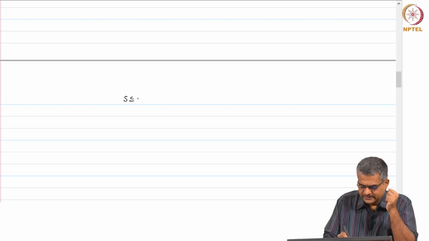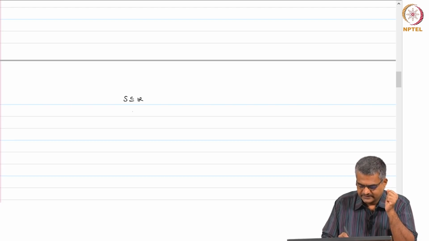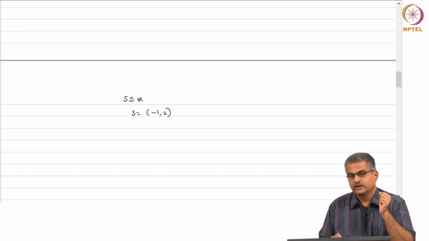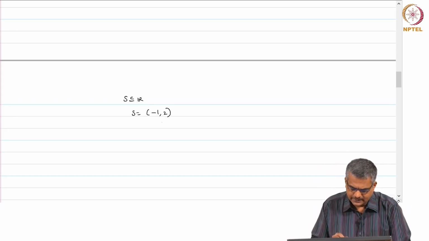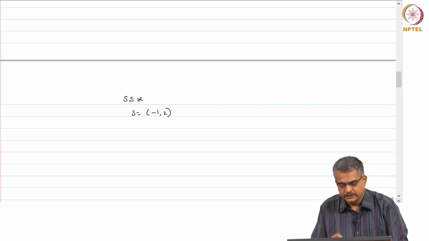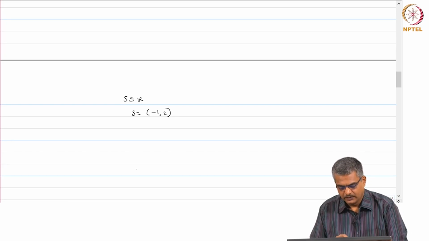So, let S be a set in R, right. Let me take an example. So, let S be say minus 1 and 2. I have taken an open interval, right. Now, you can see that the number 2, all elements in this set S are less than the number 2. Okay.